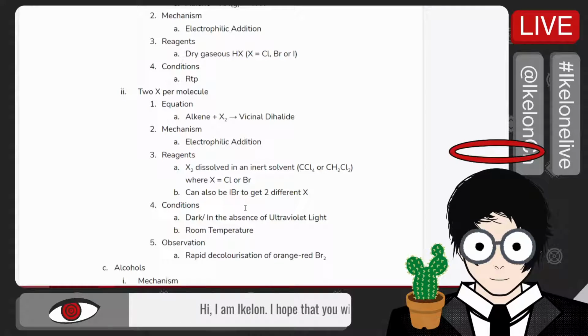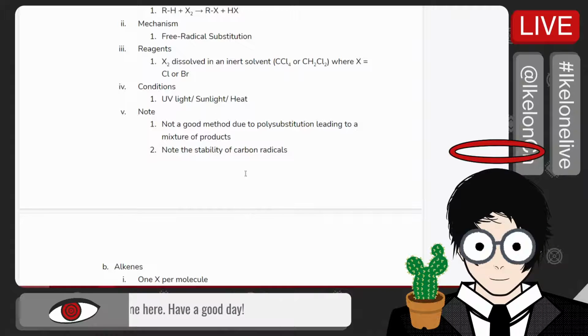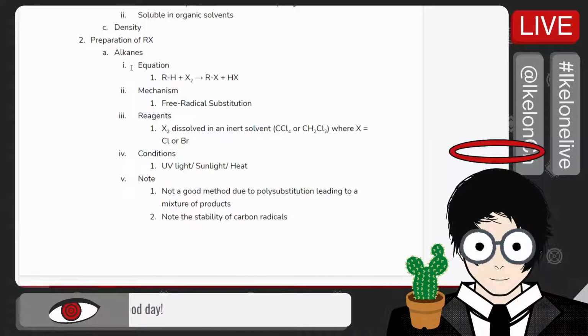So yeah, the condition is dark, in the absence of ultraviolet light. This is to prevent free radical substitution from happening, because some alkenes have a CH bond.